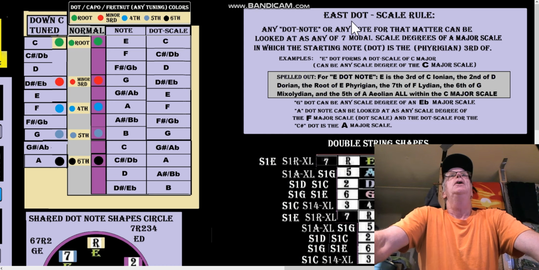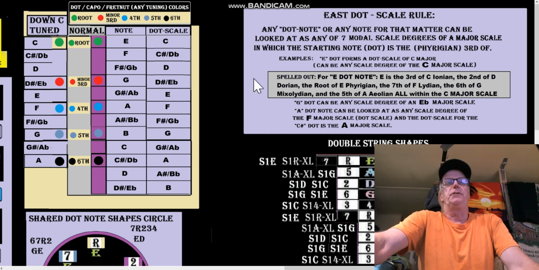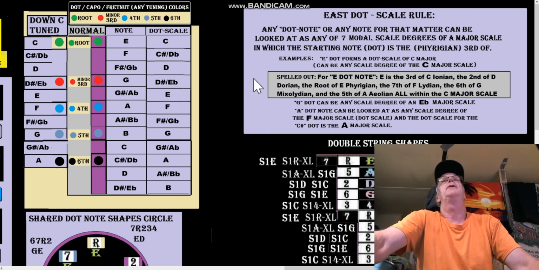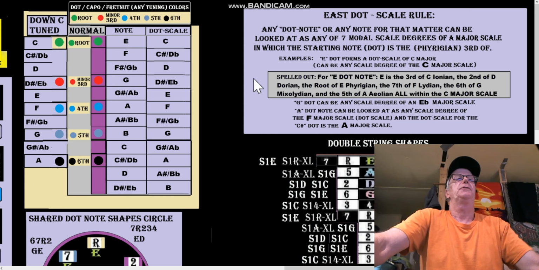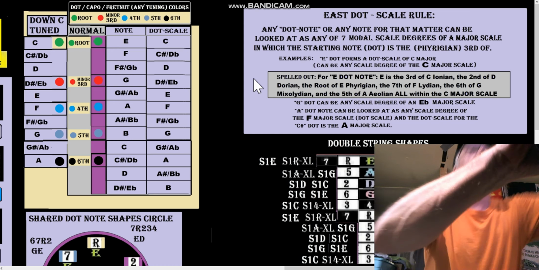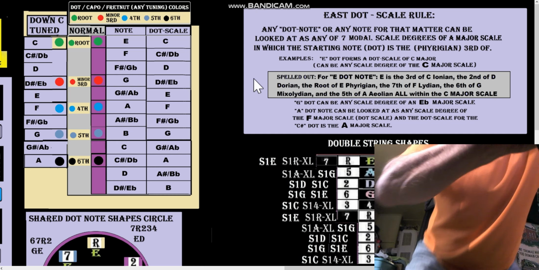So the dot scale is a very powerful scale. I can tell you that, because the dot scale is actually 7 scales in one. How is that possible? Because let's say we're on the A dot. Okay, we're going to go back to piano here because I think it's easier to hear.